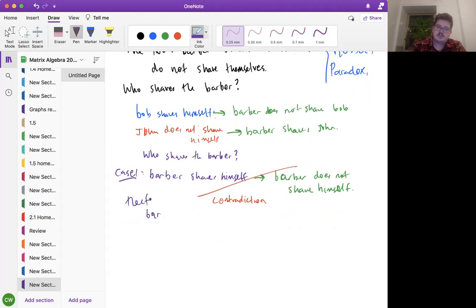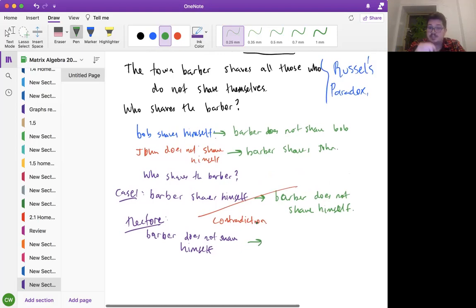Therefore, the barber does not shave himself. So what's the consequence? If the barber does not shave himself, then based on the definition, he shaves himself.